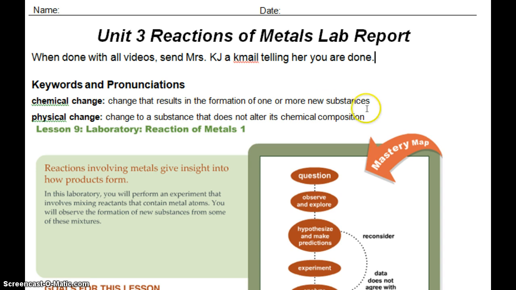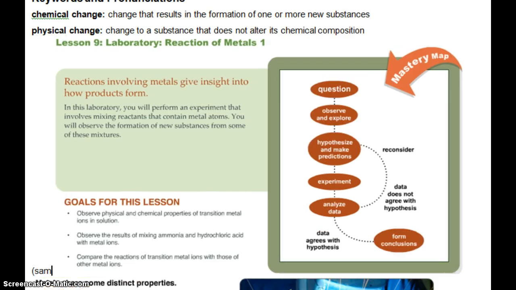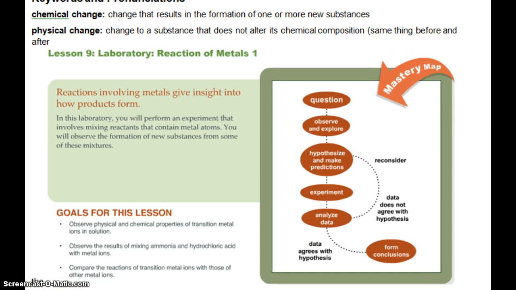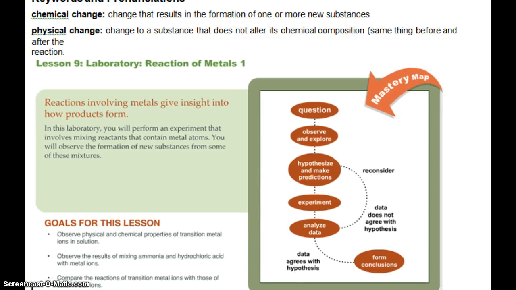Keywords and pronunciations. Chemical change: a change that results in the formation of one or more new substances. Physical change: a change to a substance that does not alter its chemical composition. So it's the same thing before and after the reaction. For example, if you fold a piece of paper, it's still paper.